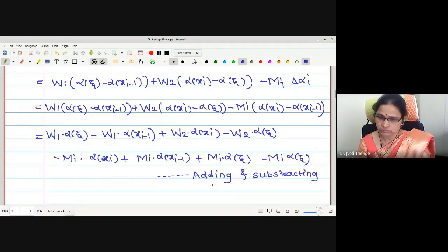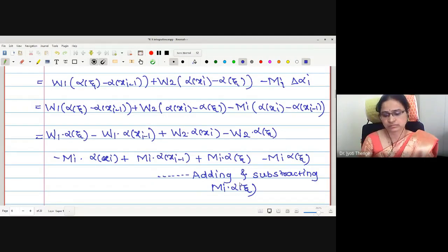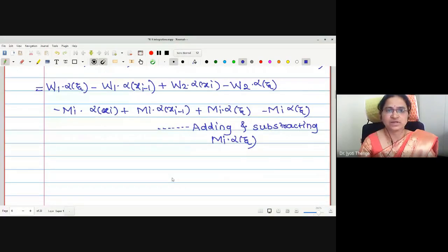Can anyone tell me the next step then? Alpha zeta common. Yes, we have taken the coefficients of alpha zeta, alpha xi minus 1. Let us collect the coefficient. The first coefficient we will collect of the term alpha zeta.